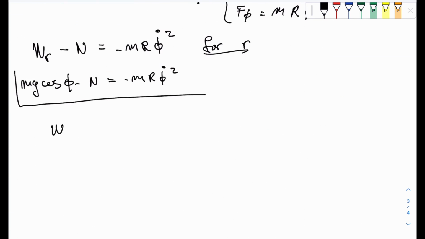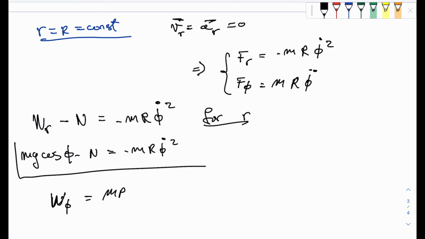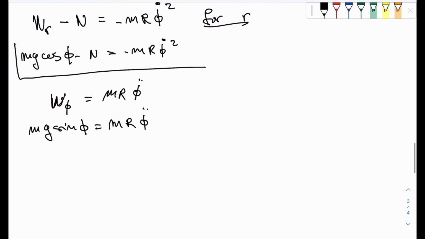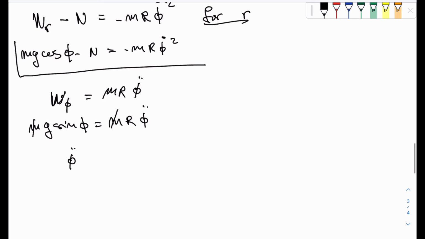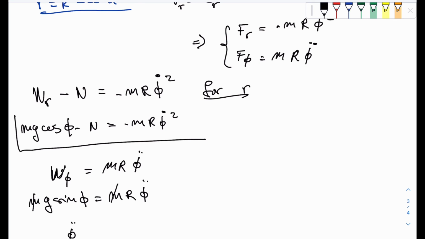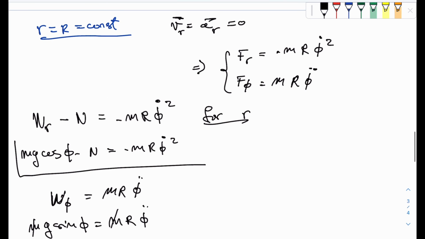So W phi equals m R phi double dot, where W phi is mg sine phi.